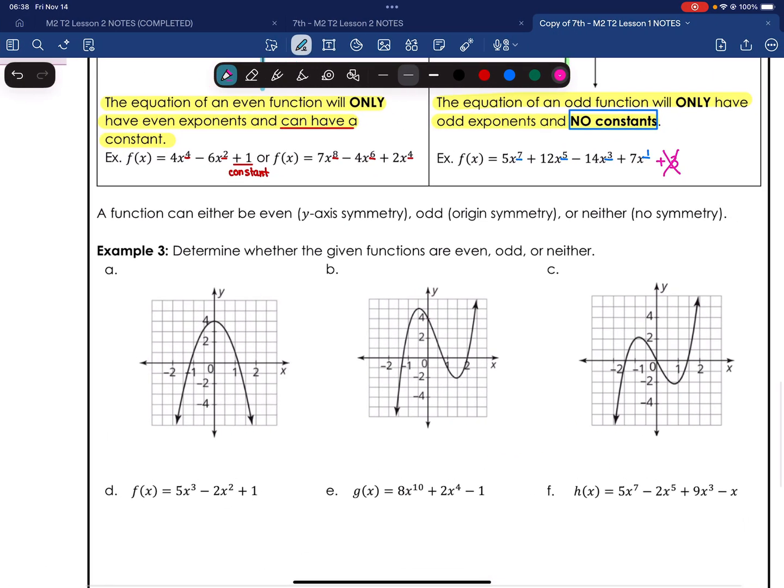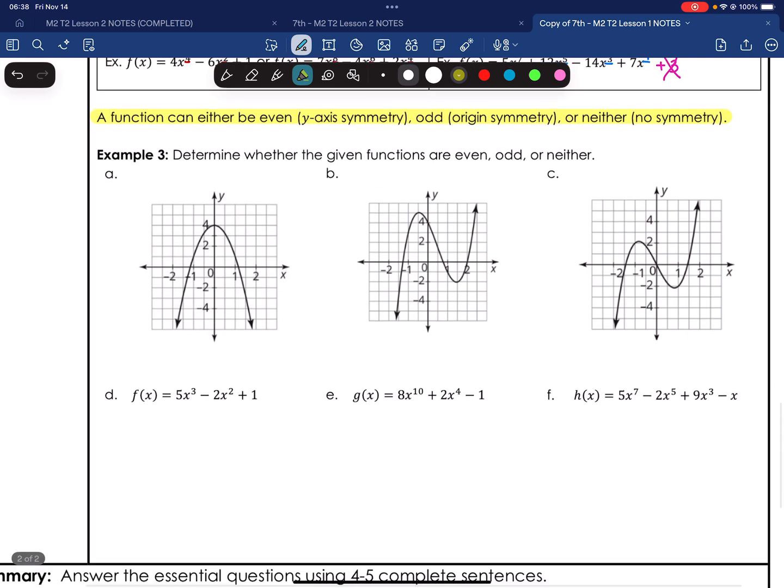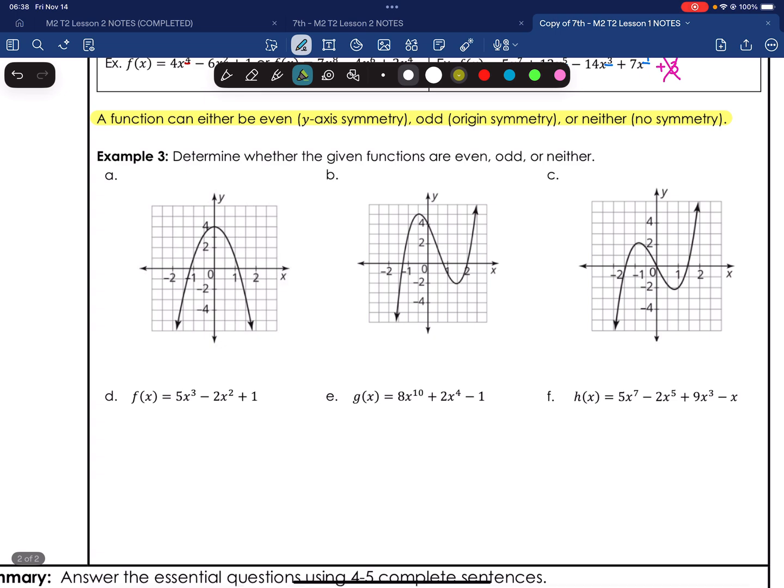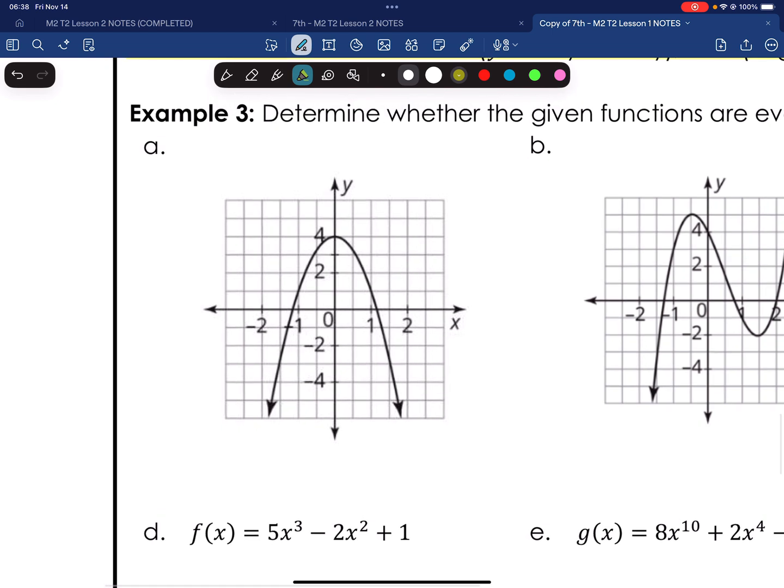Okay, so a function can either be even, odd, or neither. It cannot be two things at the same time. So in example 3, all we want to do is determine whether the given functions are even, odd, or neither. So if we look at A, notice that it is symmetric about the y-axis, which makes this an even function.